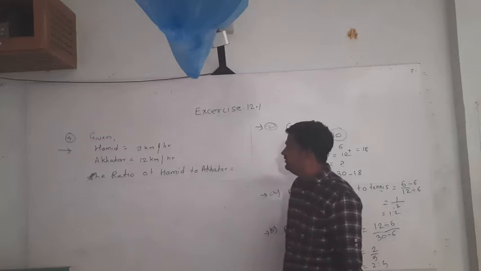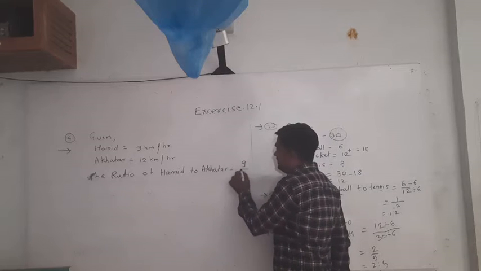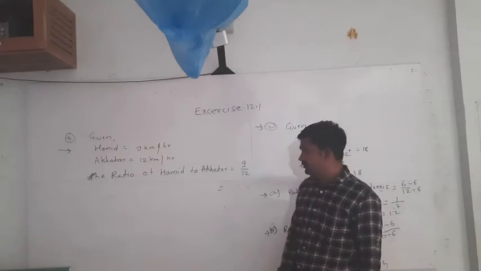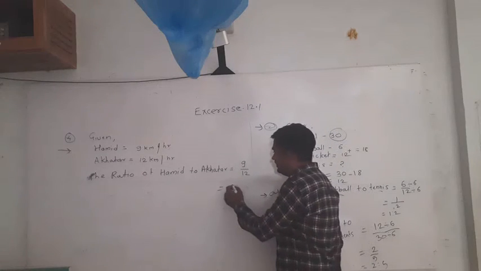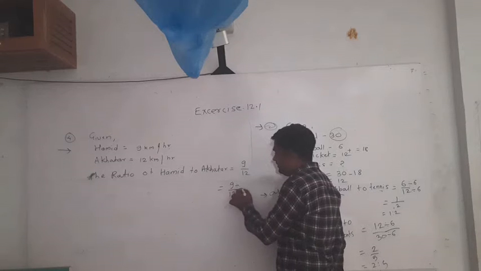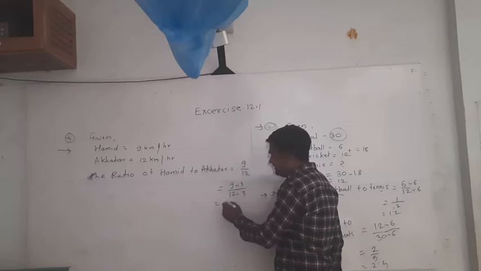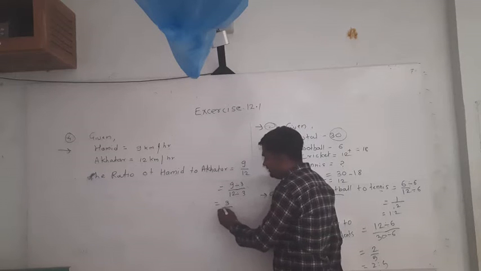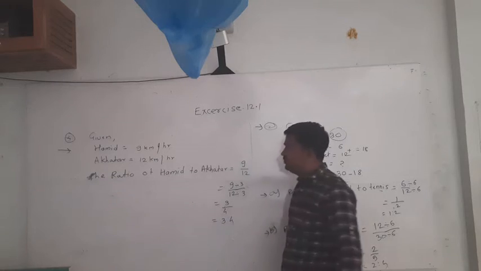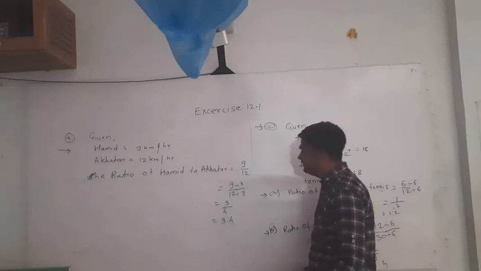So we know that Hamid's speed how much? 9. Akhtar's speed 12. Yes, now you can give the simplest form of the given numbers. In which table are both numbers? Third table, divide by 3 both places. 3 3s are 9, 3 4s are 12. So what is the answer? 3:4.